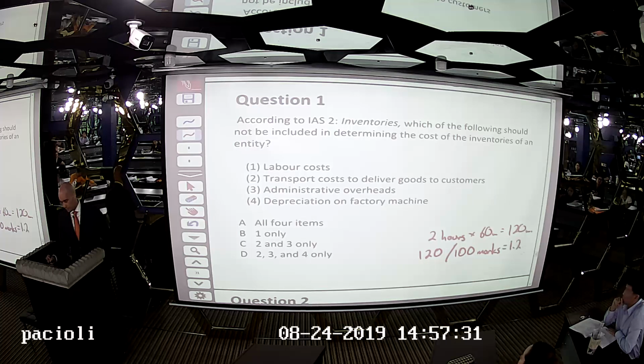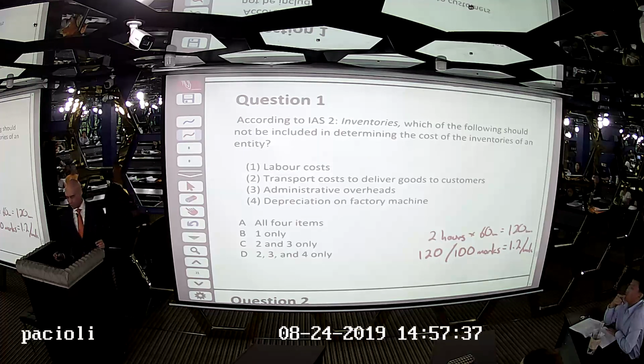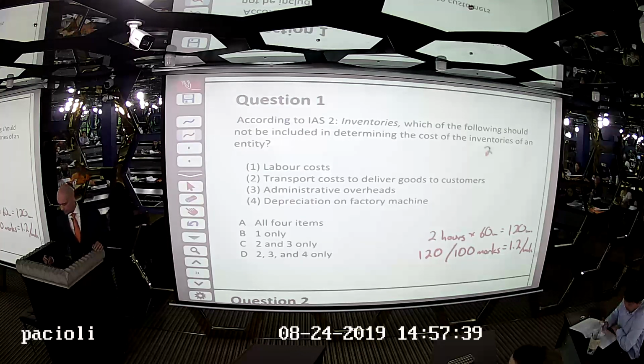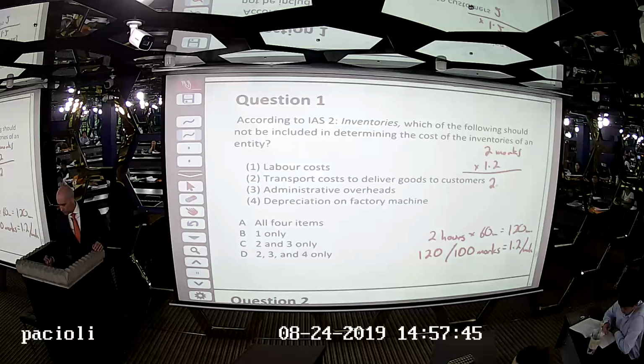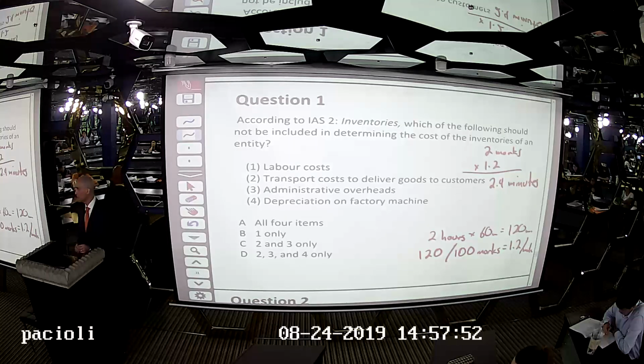That's 1.2 minutes per point or per mark. And each of these short questions, usually it's 2 marks. So 2 marks times 1.2 minutes per mark. So you have 2.4 minutes to answer each question. So on your exam, you'll have 2.4 minutes to answer each question.